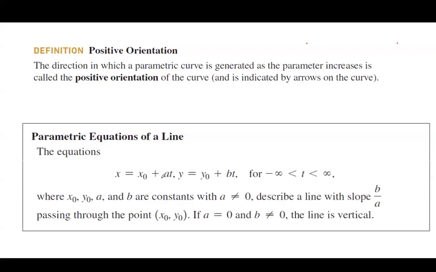So please pay attention here: you have a times t and b times t, and the slope of the line is b over a. If a is equal to 0 and b is non-zero, then the line is a vertical line.